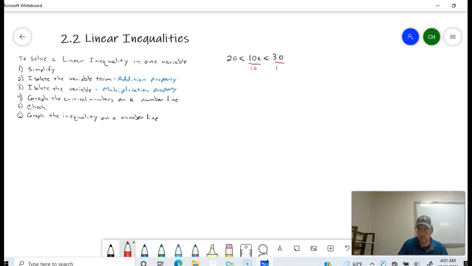I'm going to divide the 30 by 10, and I'm going to divide the 20 by 10. So 20 divided by 10 is 2, is less than, those cancel, leaving me with just x, which is less than 3. Alright, so I've got 2 is less than x, which is less than 3.